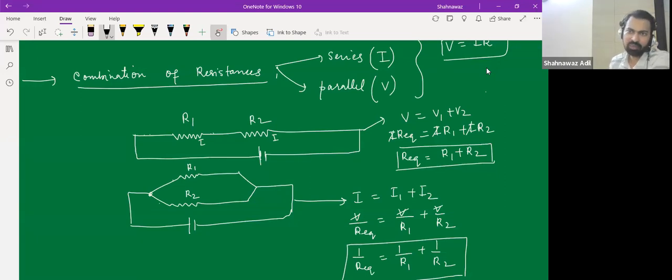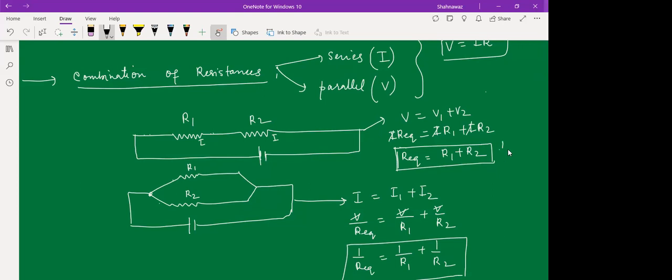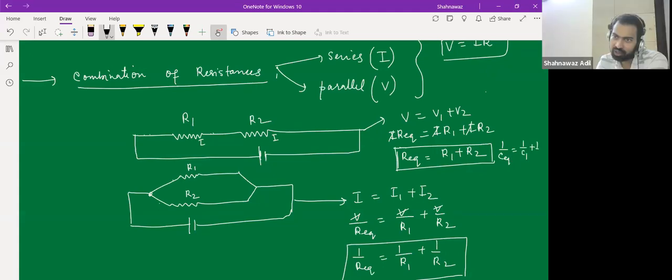Yeah, so Mariam and Aisha, for the capacitor, what was the equivalent capacitance in the series combination? 1 by C, yes. So that was for series, and for parallel it was the other.